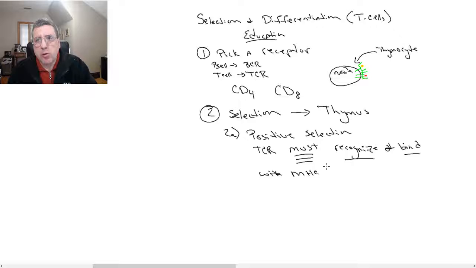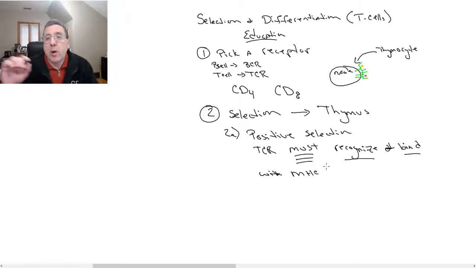So here, the naive T cell must be able to recognize and then bind with the MHC molecule. This is important because the ability to bind with the MHC is going to come into another step we're talking about down the road, which is going to activate B cells.